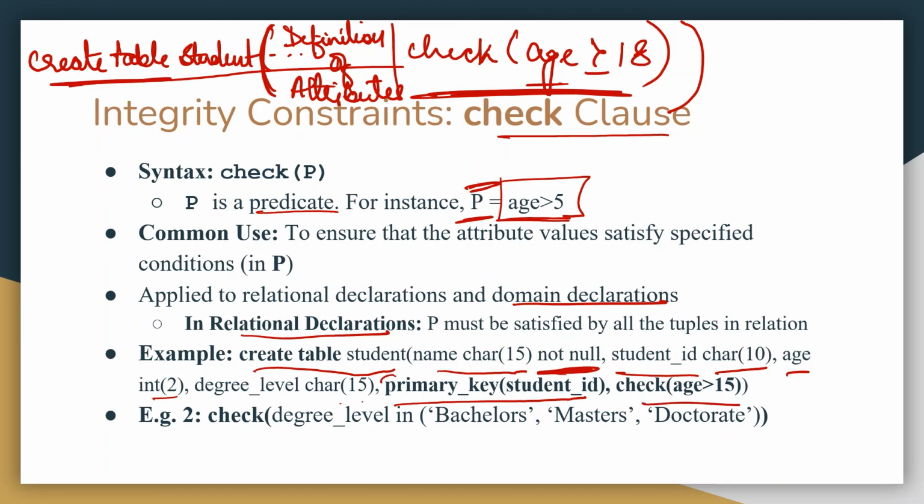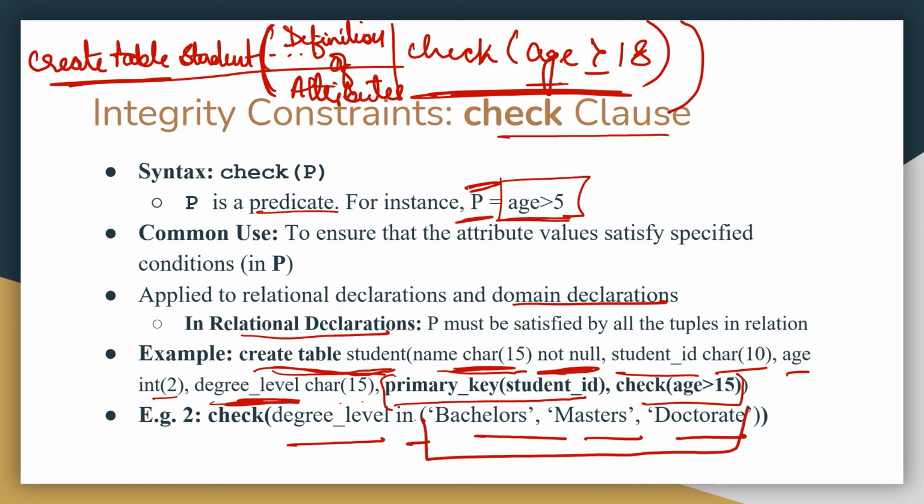So as you can see, the constraints only come after the definition of all the attributes in the create table command. Okay, then another check could be check degree level in bachelor's, master's, doctorate. So what do we do over here? We have provided a list of values, and we are making sure that the degree level can only take the values from this list. So we cannot have any other degree level apart from these 3 degrees. Okay.